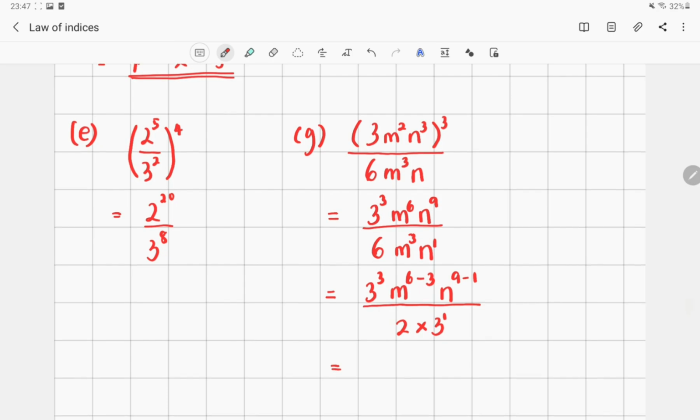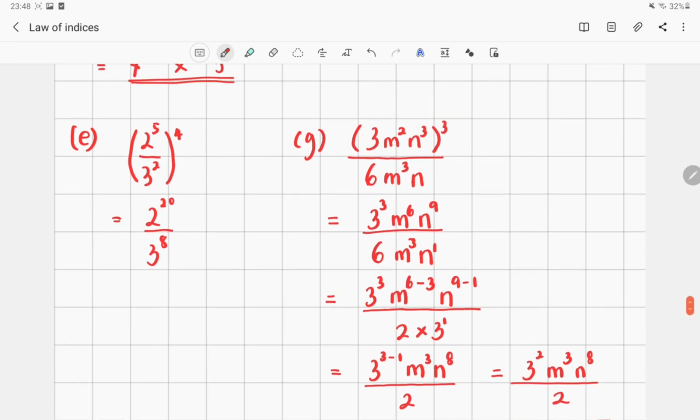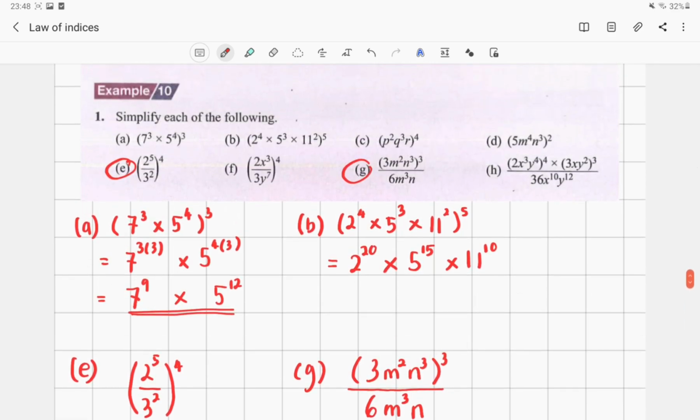So what happened here is 3 to the power of 3 minus 1, m to the power of 3 and n to the power of 8 over 2. I continue here because there is not enough space. So the answer is 3 to the power of 2 m to the power of 3 n to the power of 8 over 2. This is the simplest form for this question.